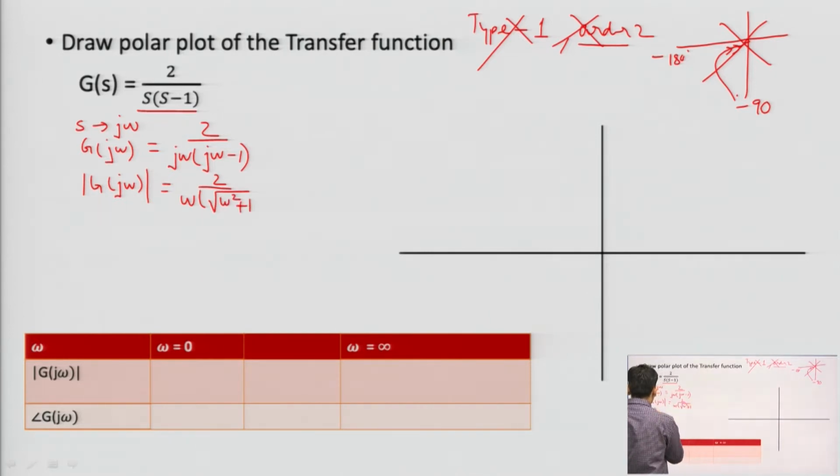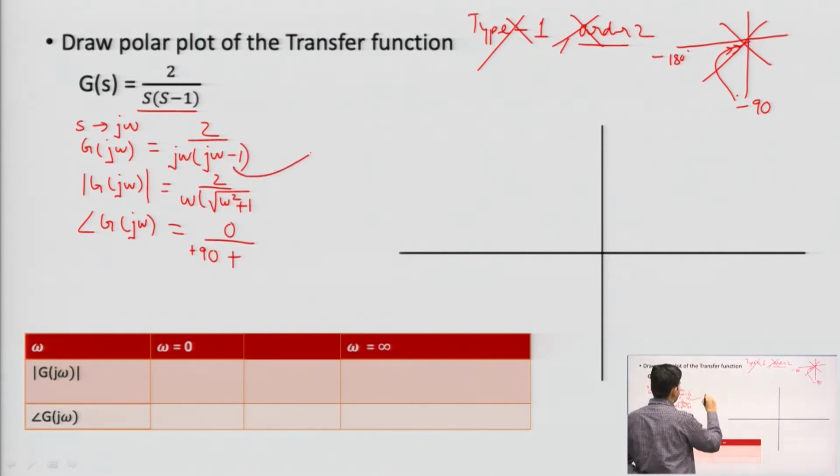Then I need to determine the phase of G(j omega). The phase from the numerator is 0; j omega in the denominator means minus 90, and j omega minus 1 gives a phase of 180 minus tan inverse of omega.